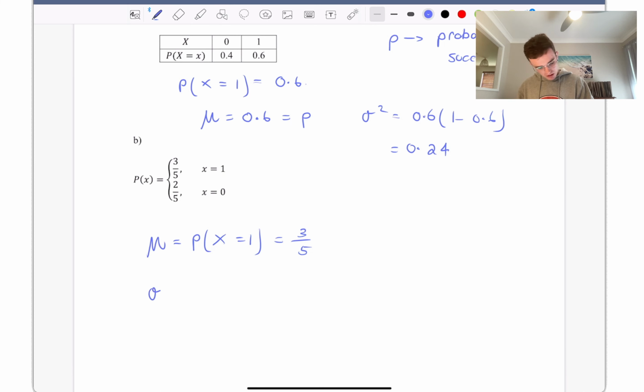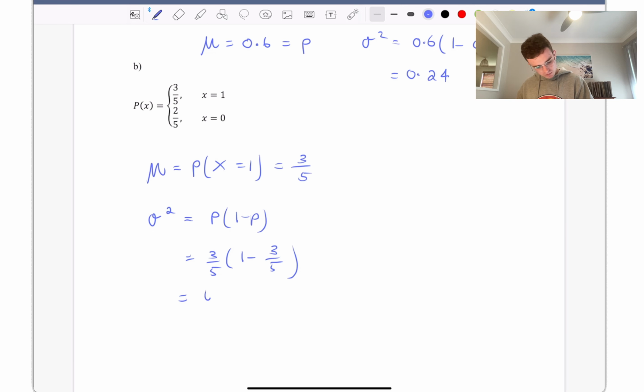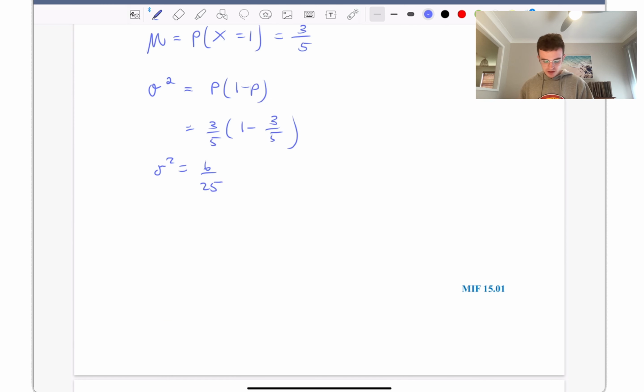And the variance, the standard deviation squared, the formula is p(1 minus p), so it's going to be 3 on 5 times 1 minus 3 on 5, which is 6 on 25. So that's our variance. Okay. And that's the idea of Bernoulli distribution.